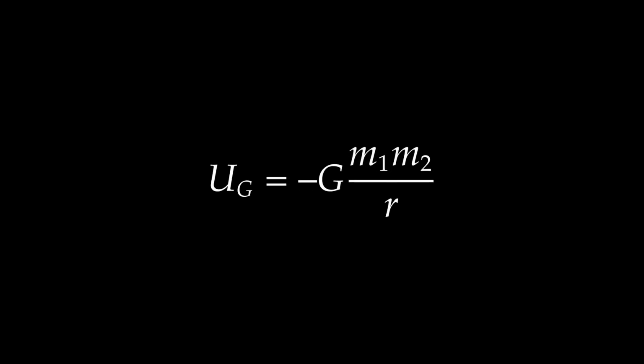Now, everything in the calculation is positive definite. The universal gravitational constant, certainly the masses, the distance between the two objects that are mutually gravitating is positive definite. This means that gravitational potential energy is always negative. Always negative.